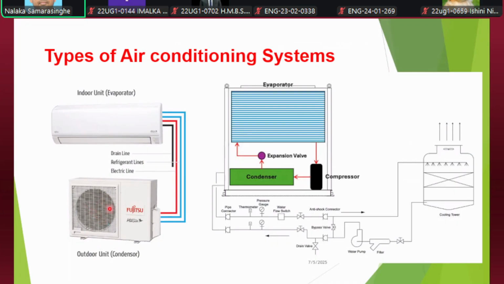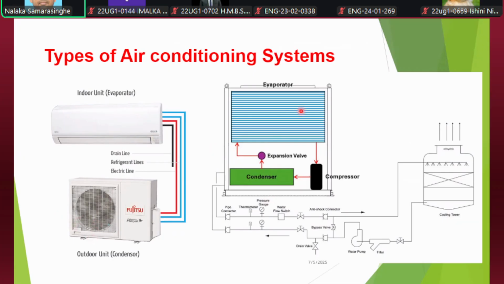That's because the heat is rejected into the environment through the condenser. The refrigerant that has absorbed heat from the building inside is rejected out of this into the environment in the outdoor unit.